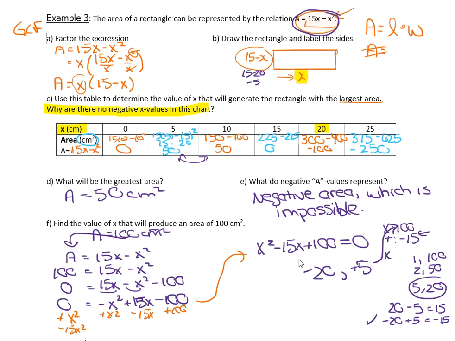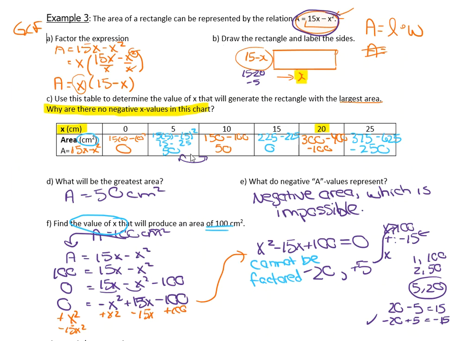And this is one of those cases we talked about previously. We could keep trying all day. We will never find them. This cannot be factored. And you always get one of those thrown in at you in your homework. So what does that mean with this question? If it can't be factored, it means there's no value of x that's going to give us an area of 100 centimeters squared.